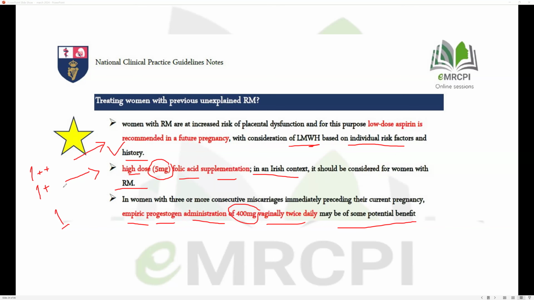As you can see, my friends, this is a completely different recommendation from the RCOG. So if you are an MRCOG candidate, and I know most of you commonly prepare both degrees together, please take care that in the recurrent miscarriage guideline, there is a difference in this part.